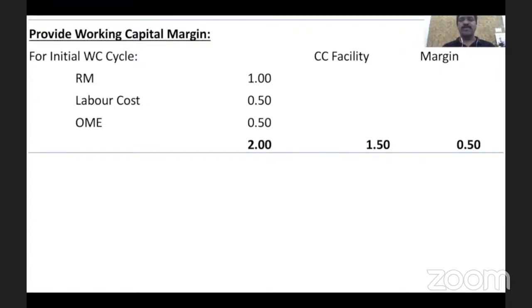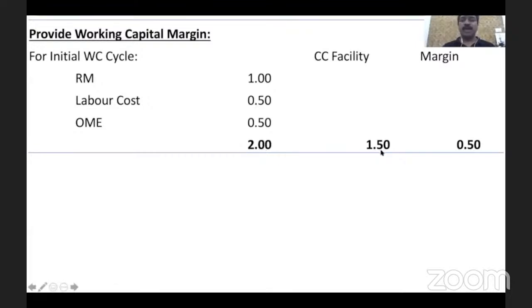If you are giving a term loan for putting up a project, for starting a project, then it is equally your responsibility to ensure that they are given adequate oxygen, adequate water, or adequate electricity in the form of working capital facility. So here what we have understood is they need at least another 2 crore to kickstart their operations. And let's say the banker has agreed to give 75% of it.